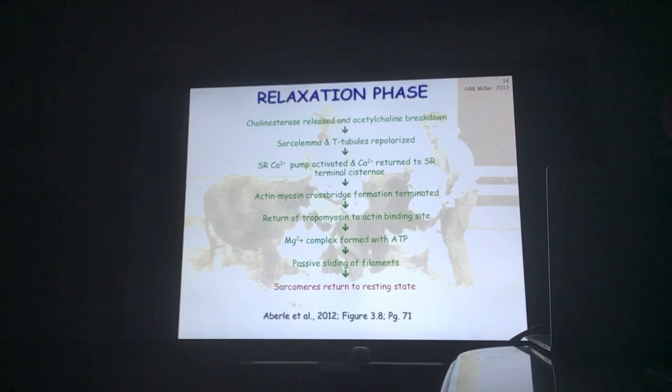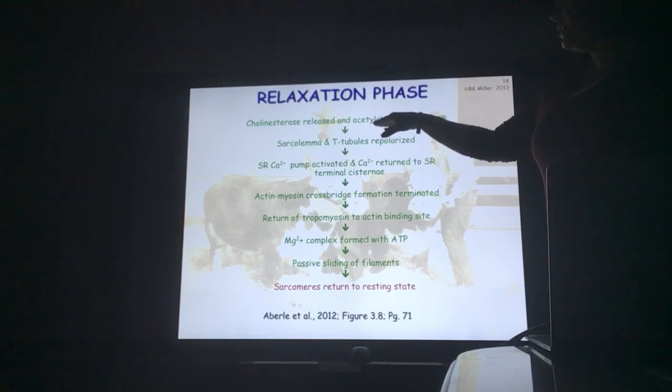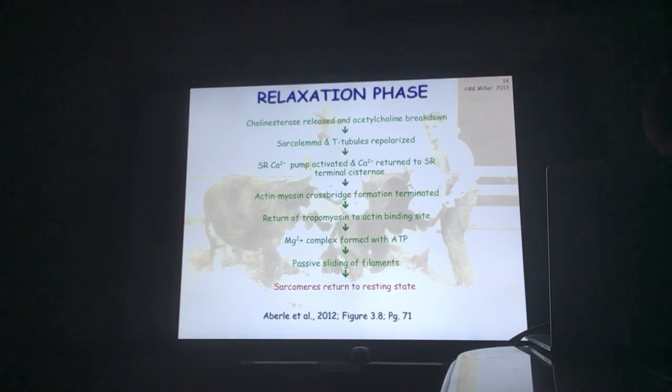So cholinesterase is released and breaks acetylcholine down so that it comes off the sodium channel, and then the sodium channel is closed.